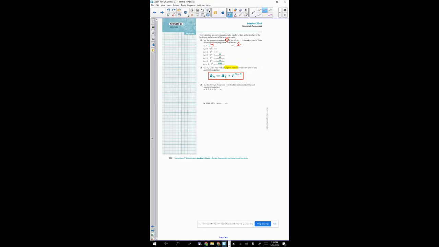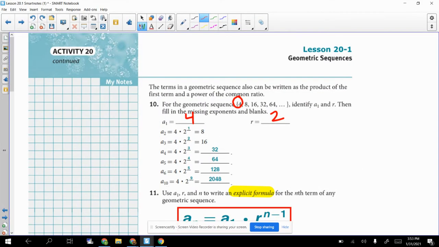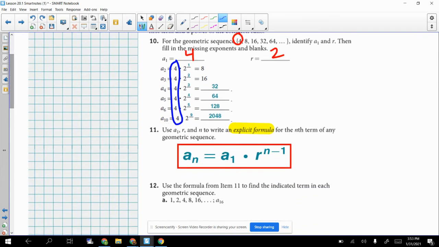So each time, in this first spot here, all of these are going to be your a sub 1. So that's what comes first in your formula, your a sub 1. Then all of these are being multiplied by your common ratio, r.